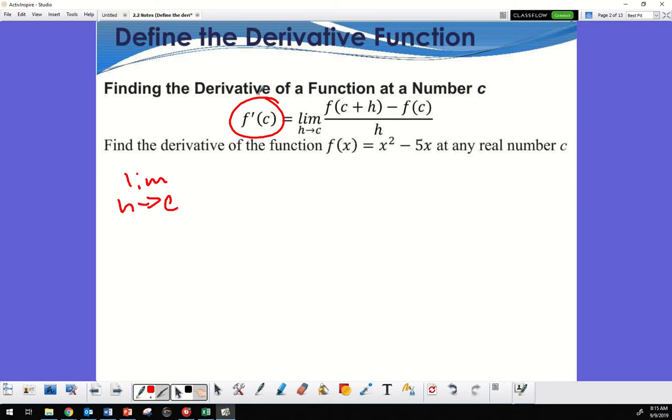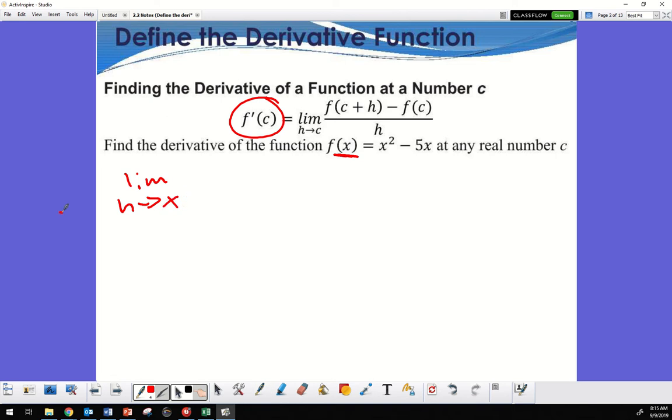Yeah, so it's going to be an f of x problem, because this function is f of x. If I'm looking closely, this is f prime of c, but in this case my c is x. So as h approaches my c value, which is now x, I change that to x.